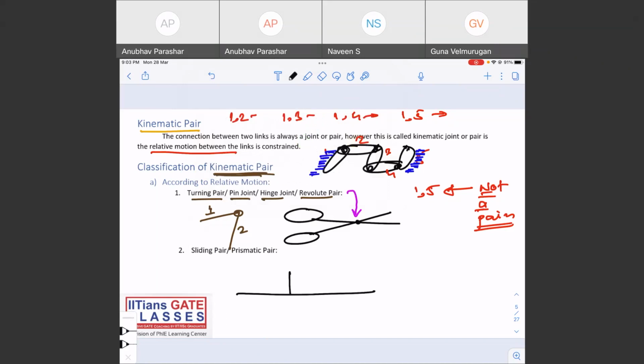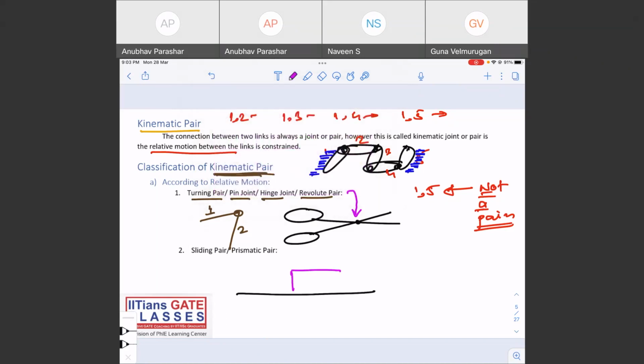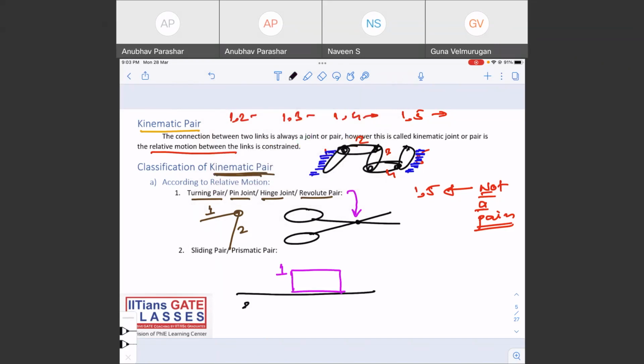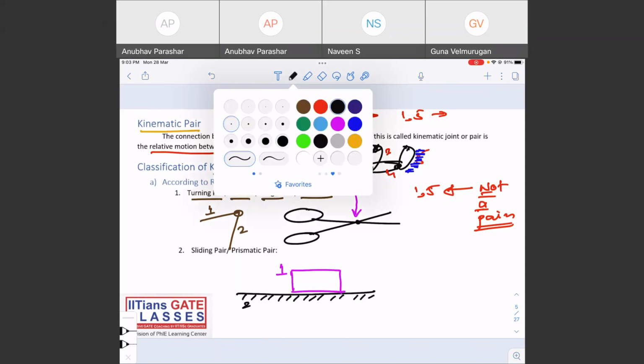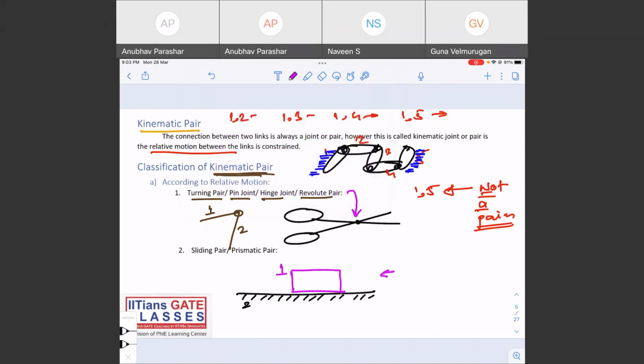If a member is sliding on another member, say this is link 1, and this is link 2, the fixed link may be link 2, or it might not be fixed. This is nothing else but the sliding pair, sliding over a surface.